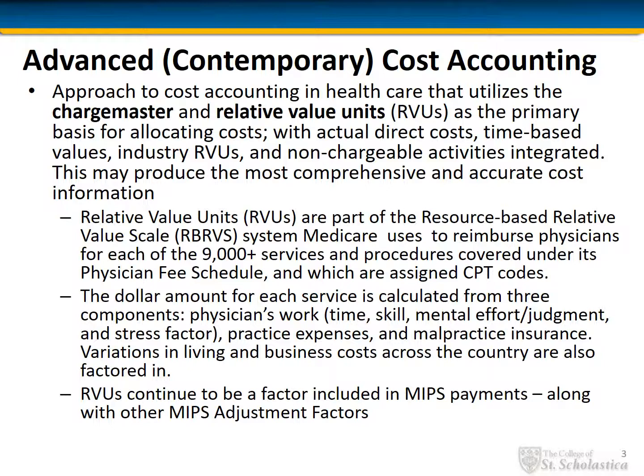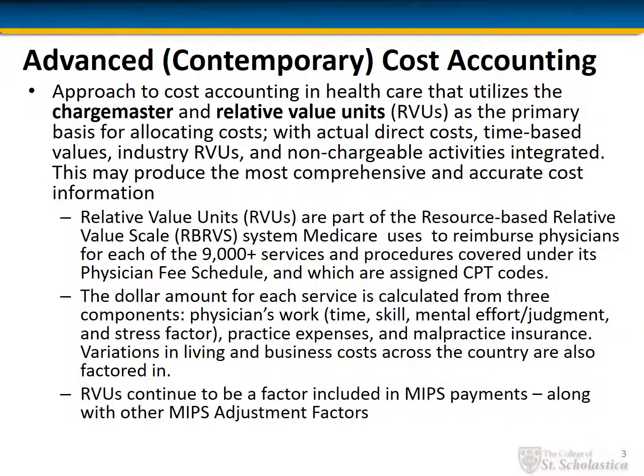In the advanced cost accounting methodology, the concept of the RVU is also being extended to other staff, where, for example, licensed practical nurses are distinguished from baccalaureate nurses who are distinguished from advanced practice nurses, physical therapy technicians distinguished from physical therapists, etc. Variations in living and business costs across the country can easily translate to these other professions.